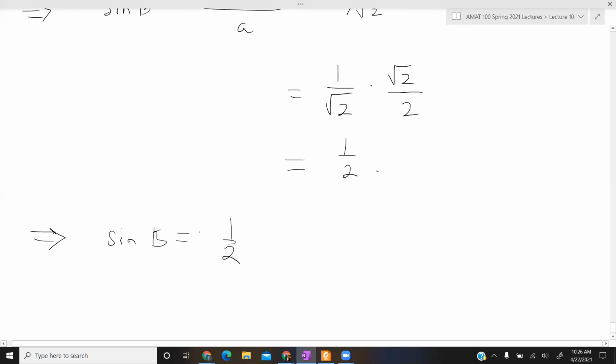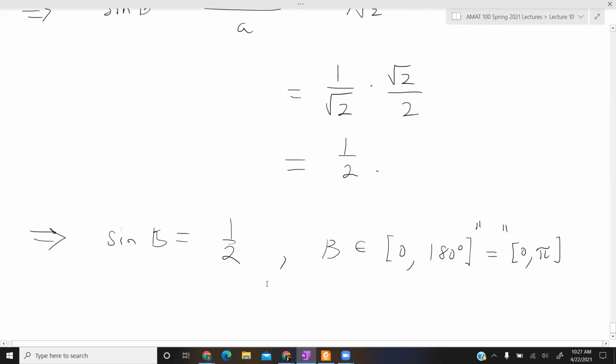Now B has to be some angle between 0 and 180 degrees. Or if you're thinking of radians, which it really should be, I don't know why they're not doing this in terms of radians, that's 0 and pi. I'll put this in quotation marks because this isn't strictly rigorous maybe. So we need an angle between 0 and 180 degrees such that sine of that angle is 1/2.